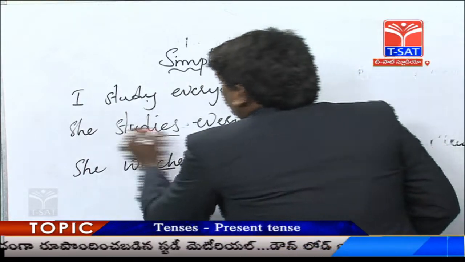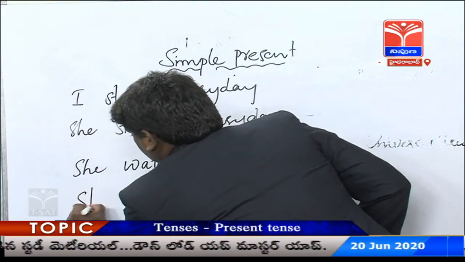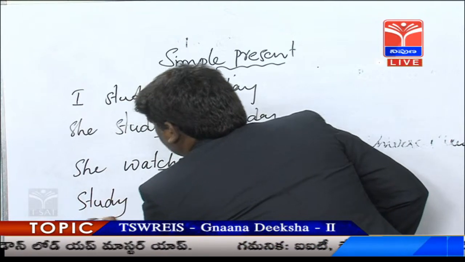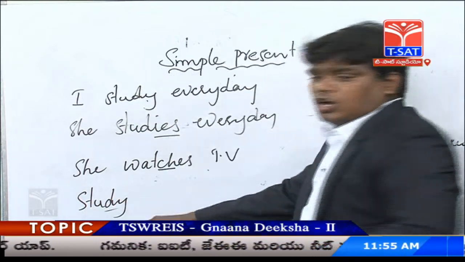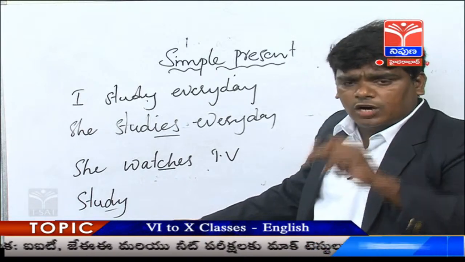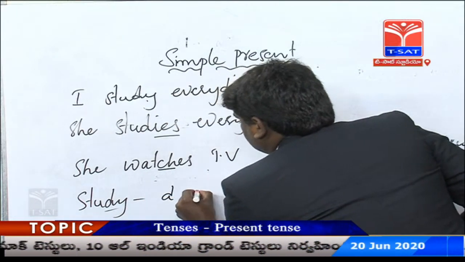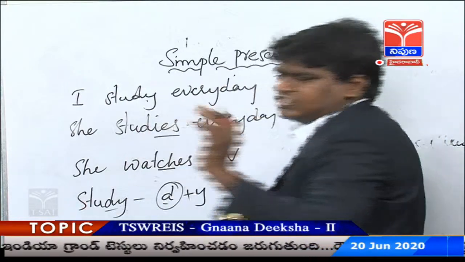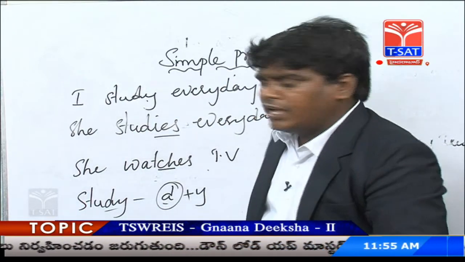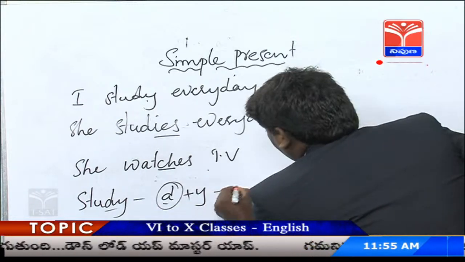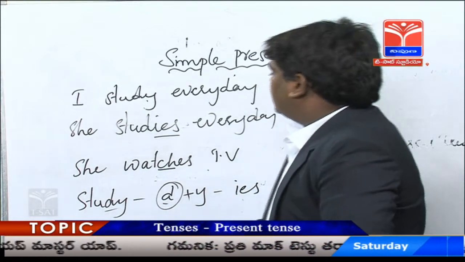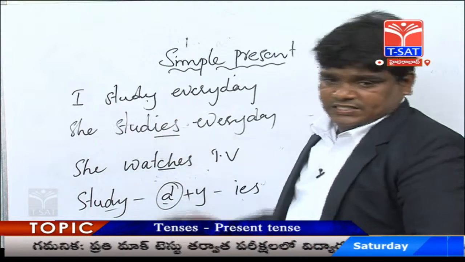And at the same time here, study. See, when the verb ends with consonant plus y, then for that we need to add ies. So that is what here, studies.